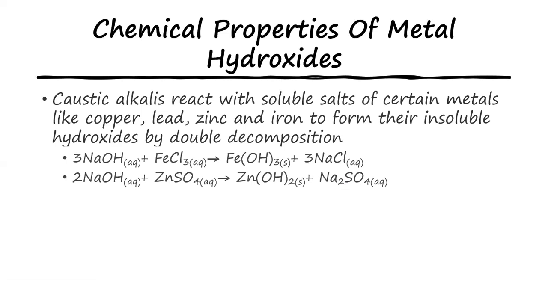From these two examples, we've said that the caustic alkalis, we are talking about these two, when they react with soluble salts of certain metals, take an example, copper, zinc, lead, and iron, as we've seen with iron three and zinc sulfate, they lead to the formation of insoluble hydroxides.